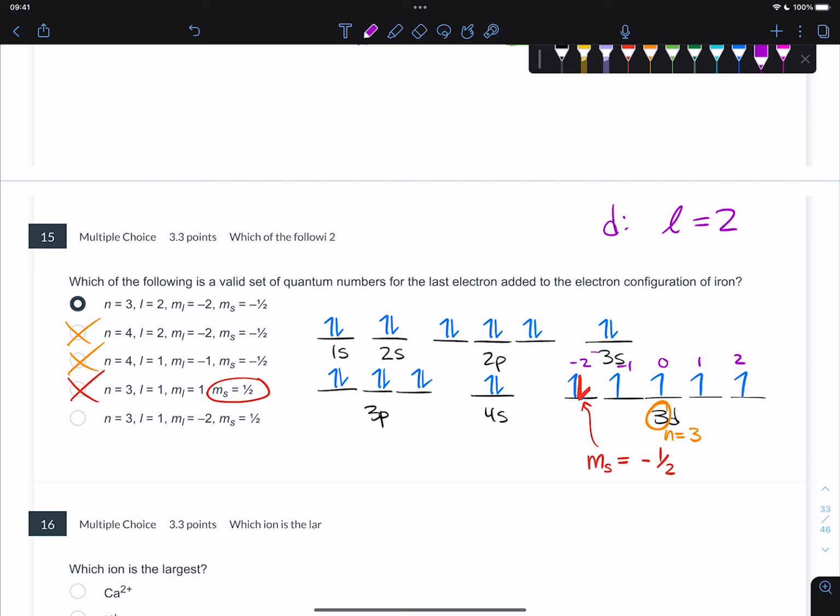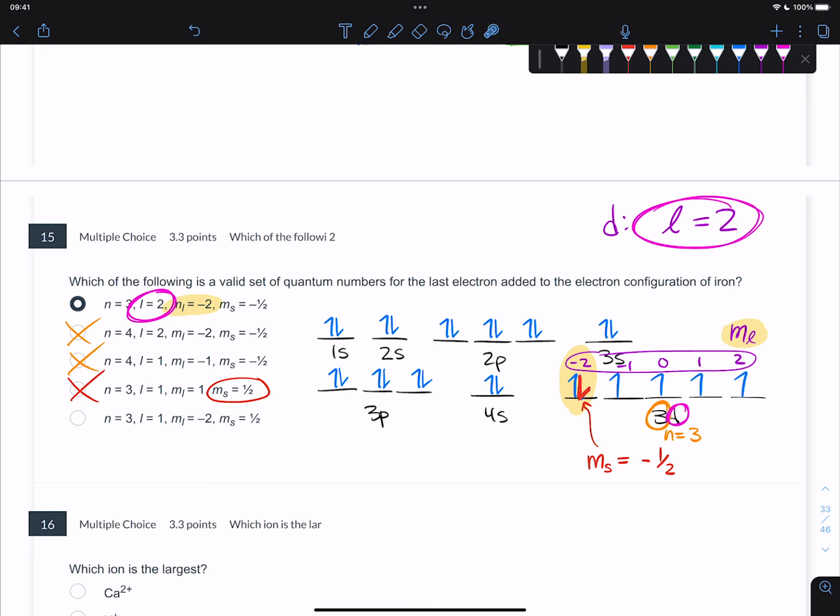These purple numbers I just drew in represent the M subscript L. So we just drew in the red one, which means that it belongs to the ML of -2. So that makes sense. In addition to the fact that it's in the D orbital, and D means L equals 2. So that part makes sense. It's kind of like putting together multiple pieces.